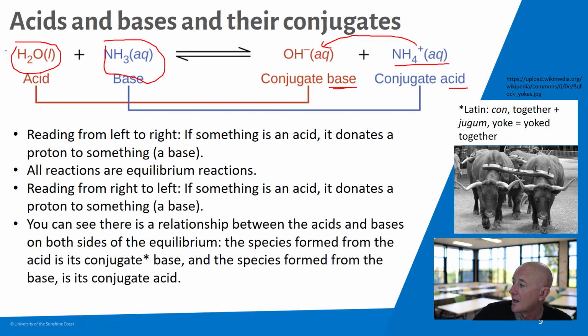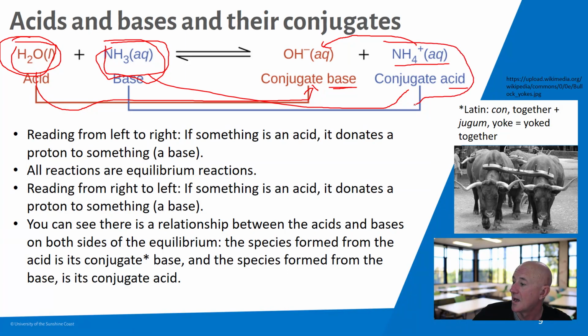So when you're always reading from left to right, you would refer to water as the acid, and you would refer to the bit that's left over as its conjugate base. Here you would refer to ammonia as the base, and you would refer to this as its conjugate acid.